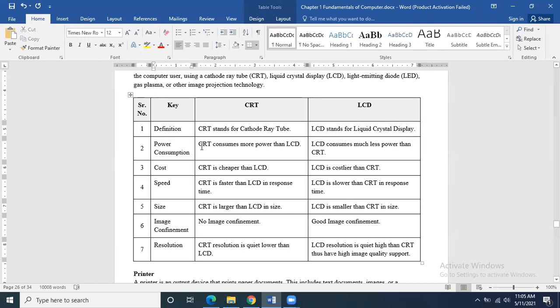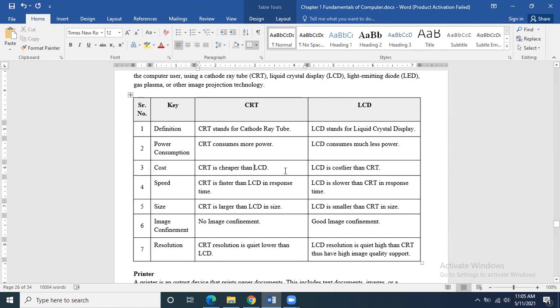Then power consumption. When we were students, we used to use the CRT. Power consumption is more in CRT, but LCD consumes less power.